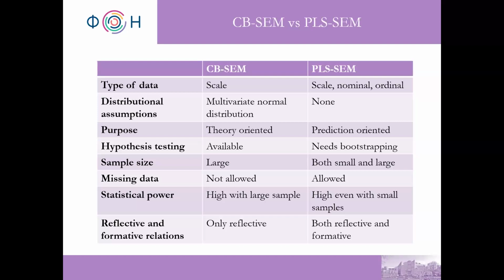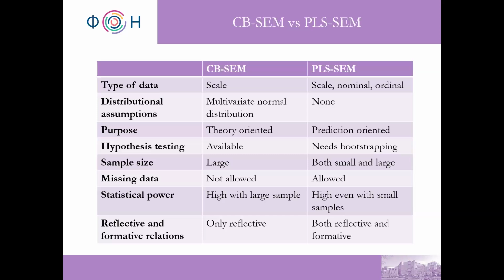The next characteristic is related to hypothesis testing. If we go back to linear regression, we said that each of our coefficients can be tested, and there is a statistical test to tell us whether a particular coefficient is statistically significant or not.